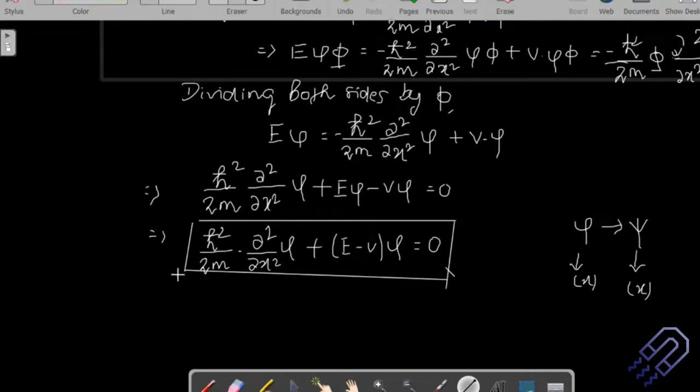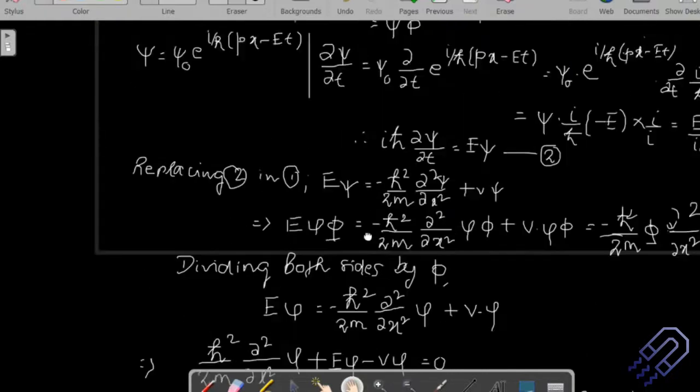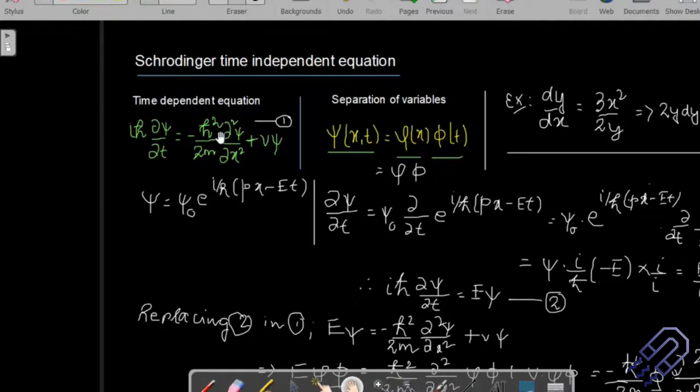If it's for the time independent equation, you are supposed to derive this, but always start from the Schrodinger's time dependent equation. Remember this result of psi naught, psi, and then differentiate with respect to time, replace it here with E psi, and then do the separation of variables and divide throughout by the function of t. That's it.